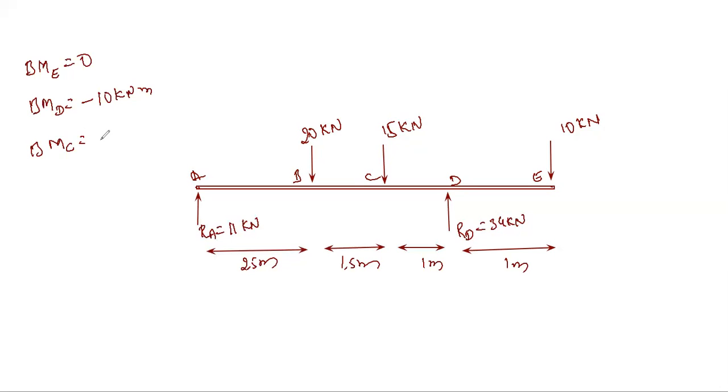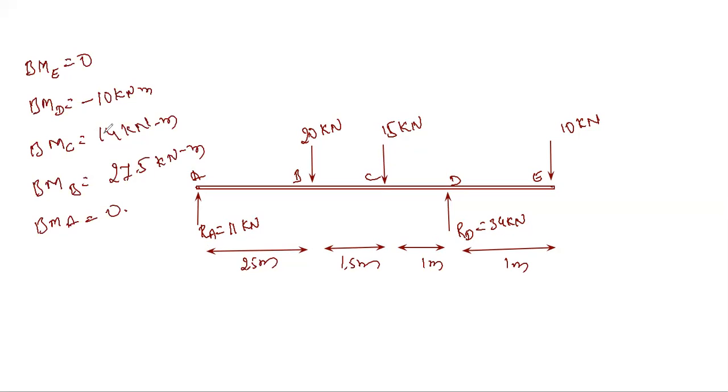What is the value here? It is 14 kilonewton meter. Bending moment at a point B we have calculated it is 27.5 kilonewton meter, and bending moment at a point A is 0. So this much data we have calculated in the previous class, right?